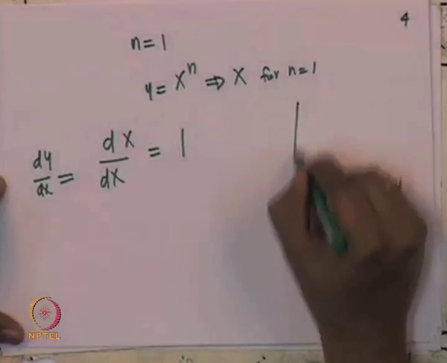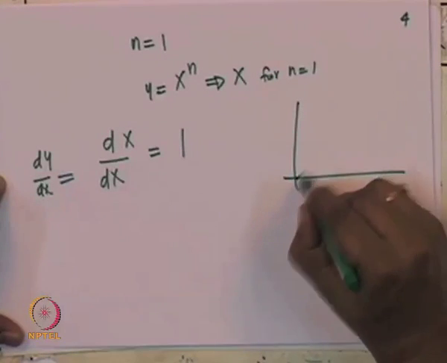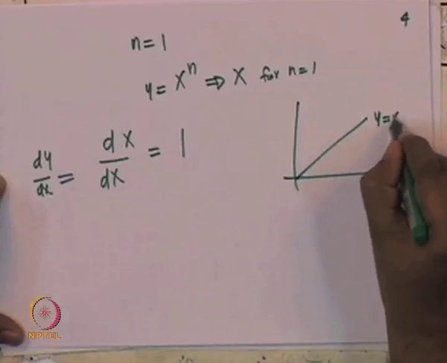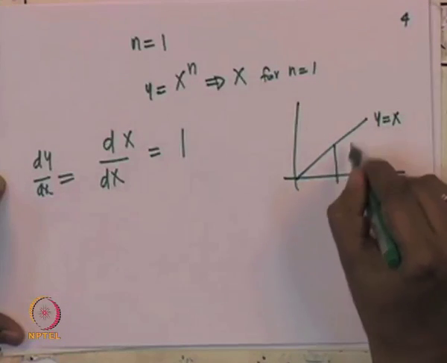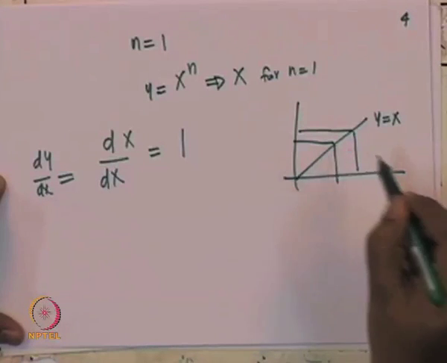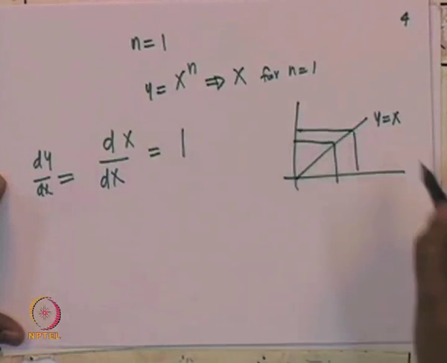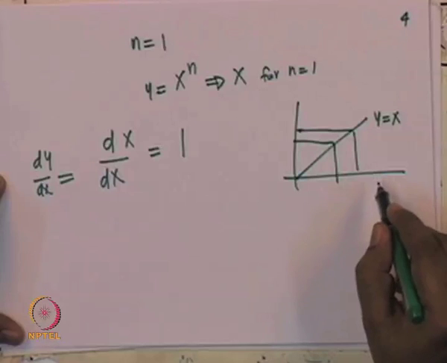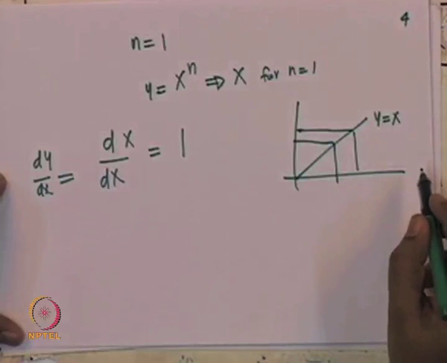So this is essentially the slope of the line y equal to x. The slope of this line is 1 at any point you calculate.